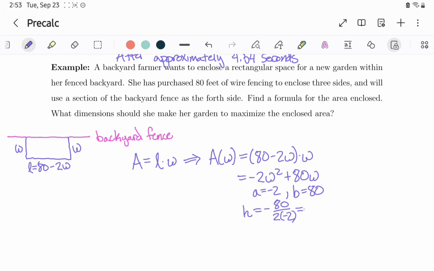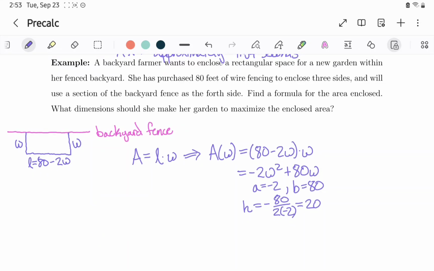So this is going to be equal to 80 over 4, which is equal to just 20. So the value of W that's going to maximize our area here is going to be 20.